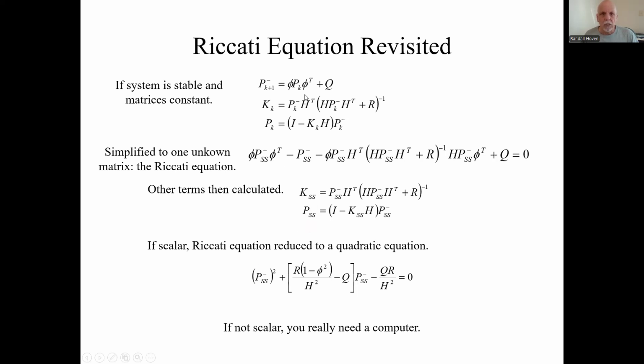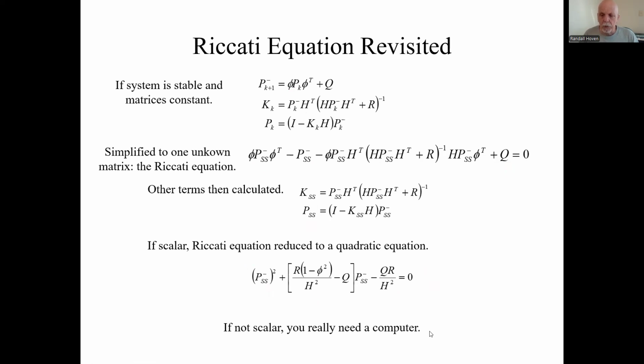And if it was a scalar problem where the phi and H were just scalars, you could solve it by hand, and we did that before. You get a quadratic equation. This Riccati equation just becomes a fairly simple quadratic equation.